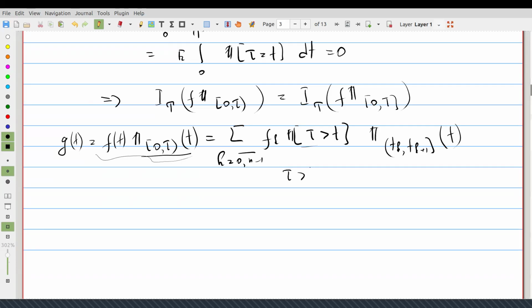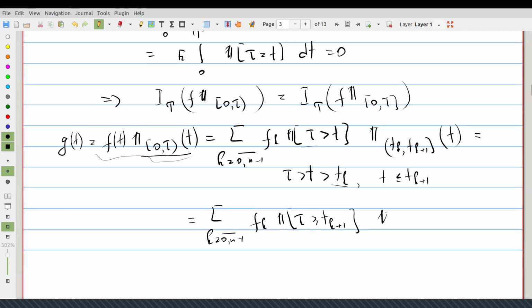If tau is greater than t, and t is already greater than t_k, this effectively means that simply tau is greater than t_k+1, since it's already greater than t_k, and t cannot be larger than t_k+1.